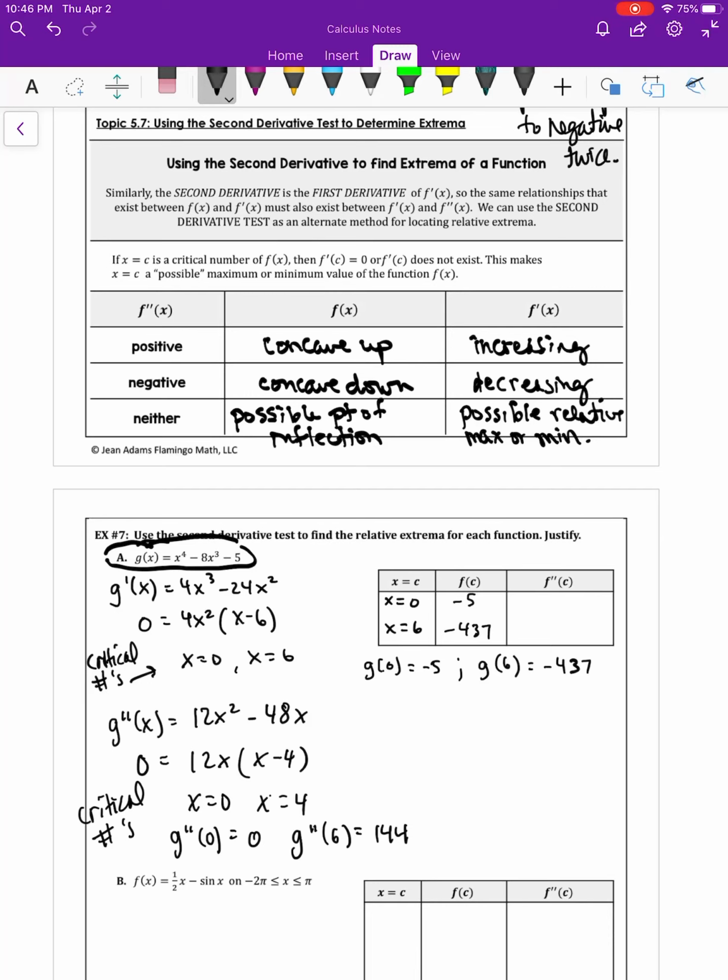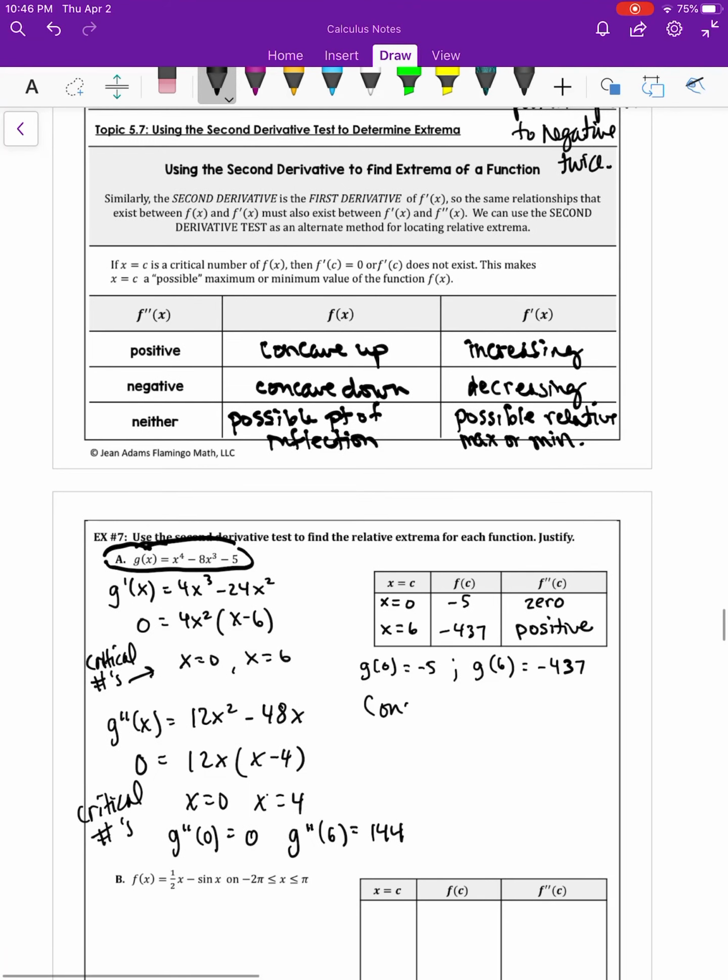Why did I use 0 and 6? Well, because our second derivative test, what we're doing is we're saying if our second derivative, so up here I'm going to fill this in, sorry, this one is 0, so that's inconclusive. This one is positive though, okay? So this is our conclusion based on our second derivative test.